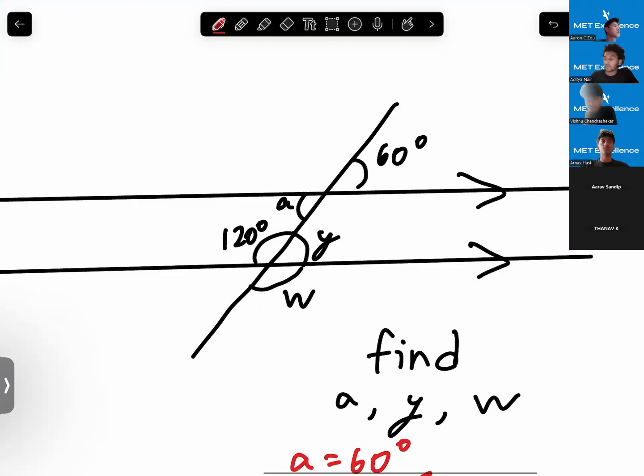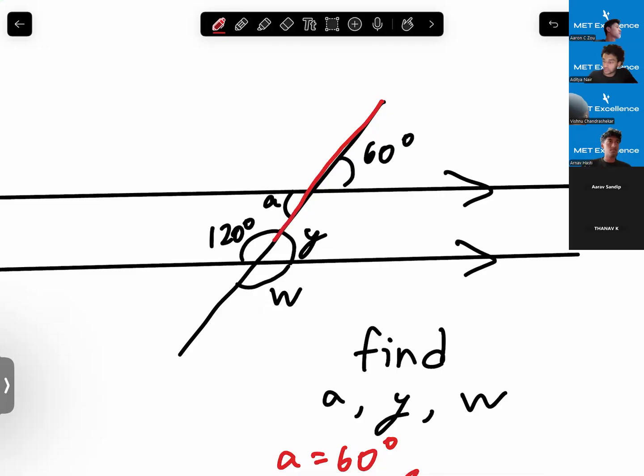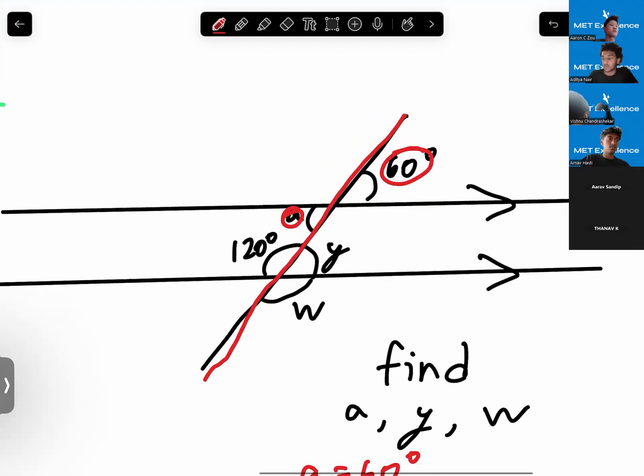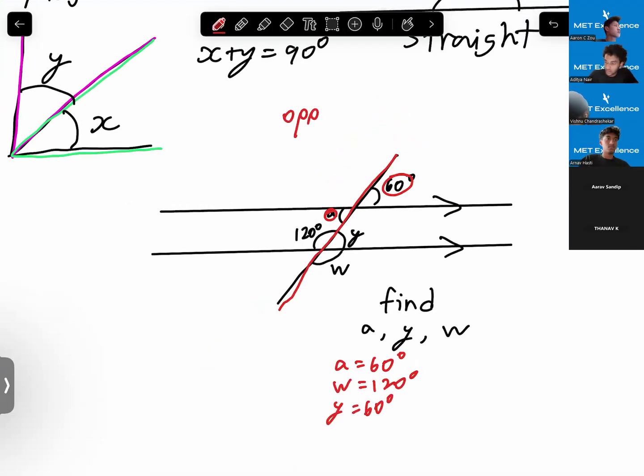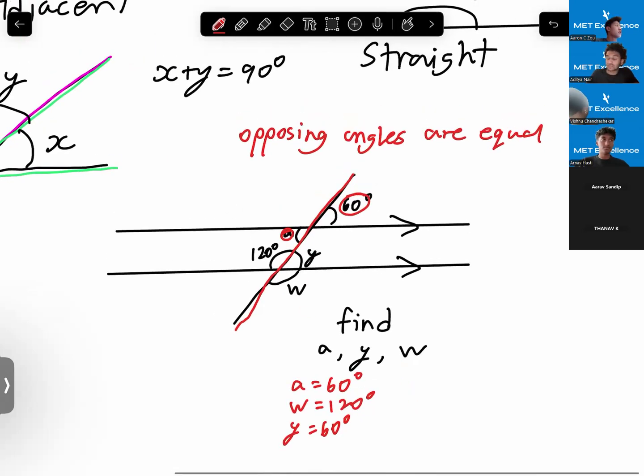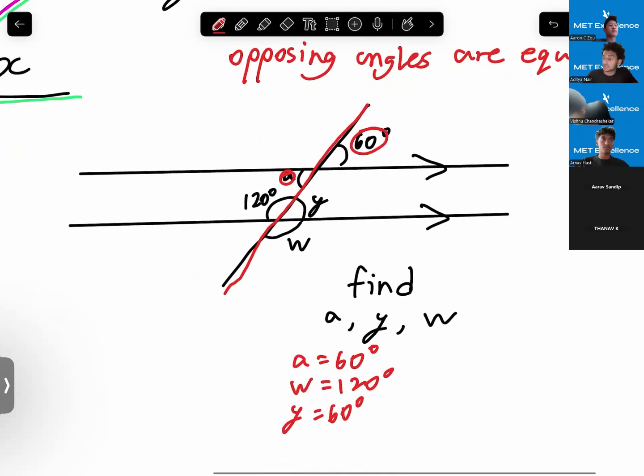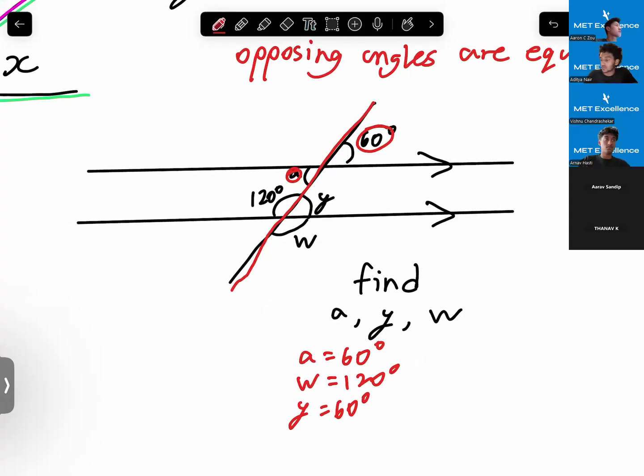When you have two parallel lines and a line that intersects them like this, these two angles that oppose each other will always be equal. So I'll write: opposing angles are equal. And this applies mostly to parallel lines. In this case, 60 is equal to A because they are opposing.